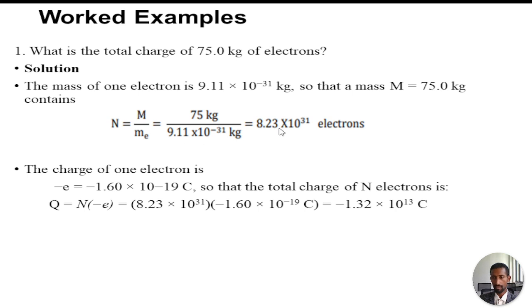M over Me gives 8.23 times 10 to the power of 31 electrons. The charge of one electron is minus 1.60 times 10 to the power of minus 19 coulomb. So we multiply this by this and we get the total charge of 75 kilograms of electrons: minus 1.32 times 10 to the power of 13 coulomb.